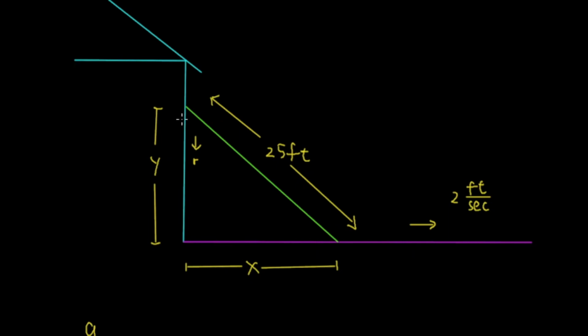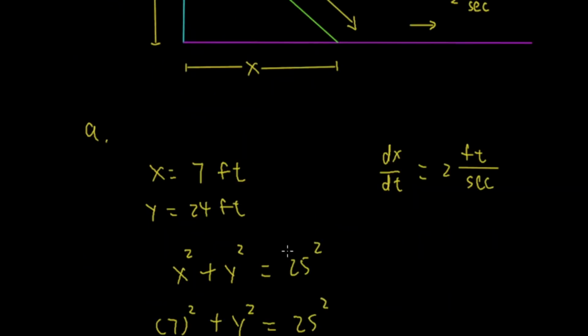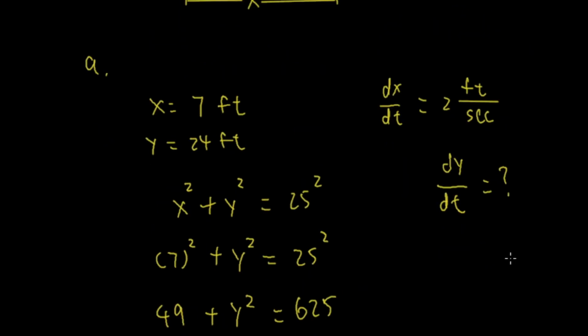So that would be dy over dt. Now you have all the information we know, and you know what you're looking for. So how do you start solving this question?